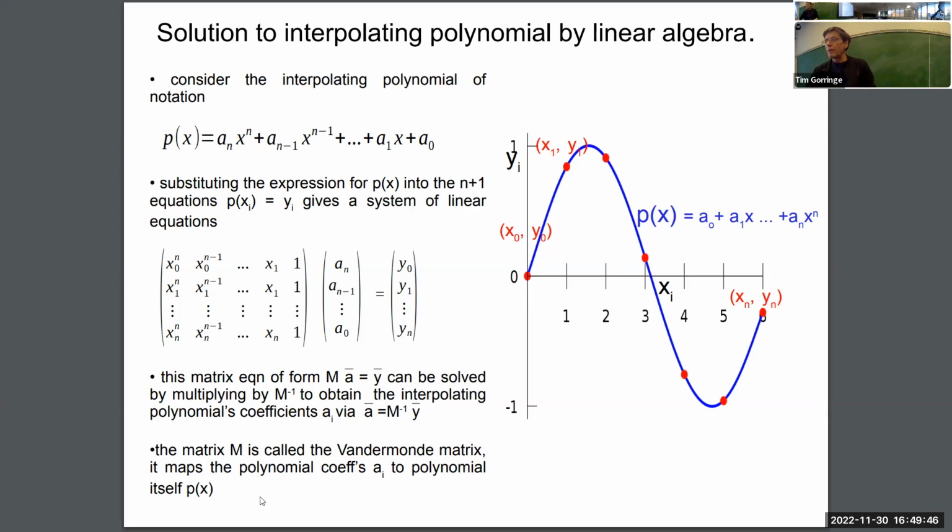So if you think about how it's operating here, here are the coefficients of the polynomial, multiplied by this, it maps onto the values of the polynomial. And that's a Vandermonde matrix. So that's one way of solving the problem.